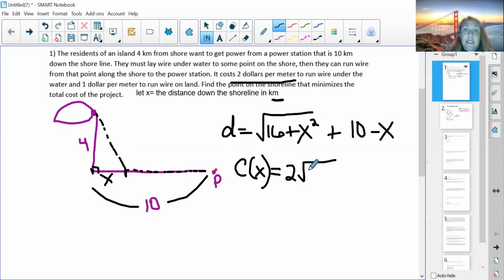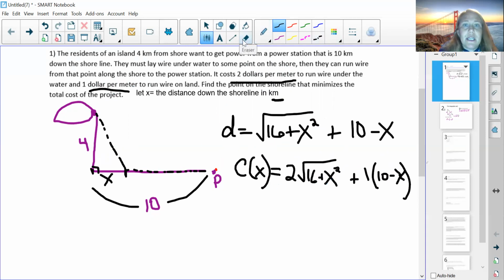This gets multiplied by 2 because it's twice as expensive as the other region. All right, so that gets multiplied by 2, and then it's only $1 per meter. So $1,000 per kilometer. So I'm going to show the 1 times that just for consistency, right? I really don't need the 1 in the parentheses there. Okay, so here's my cost formula.